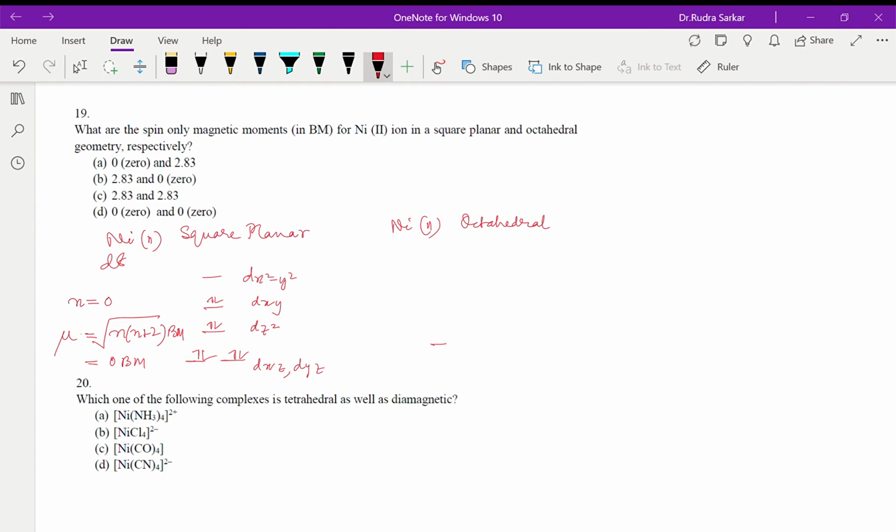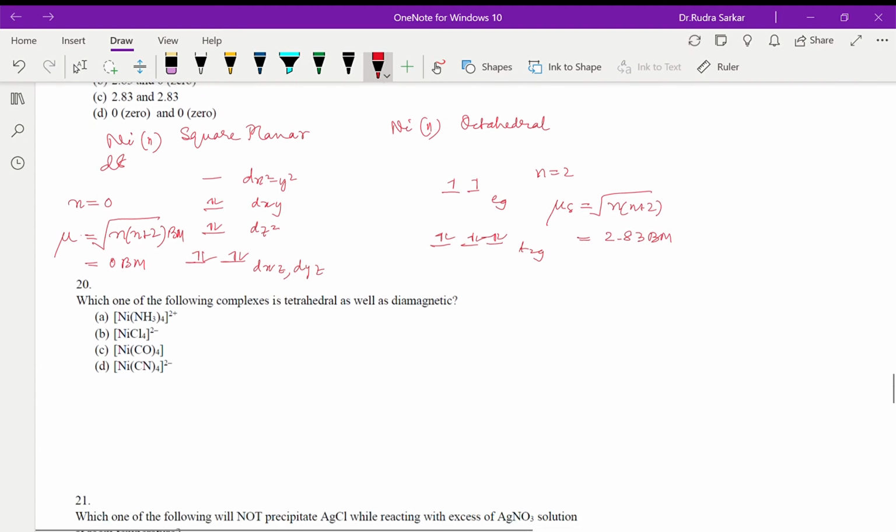For this one, however, it is going to be T2g set and eg set. So there are two unpaired electrons, n equal to 2. So mu is root of 2 into 4, and that is 2.83 Bohr magneton. Answer will be this one.